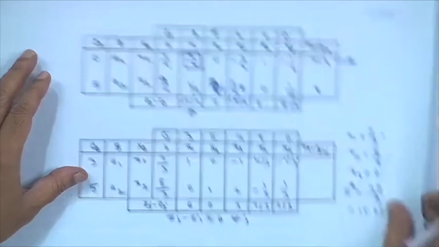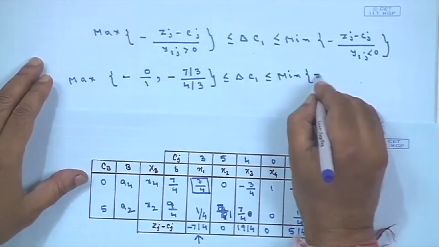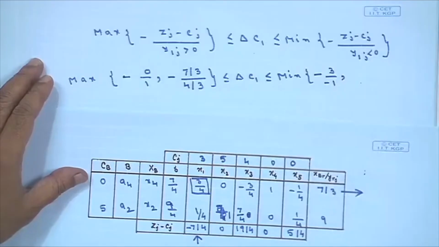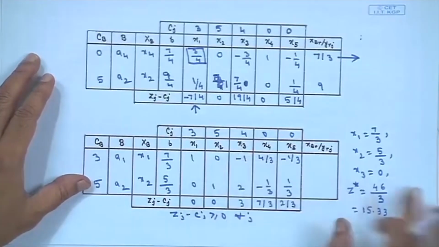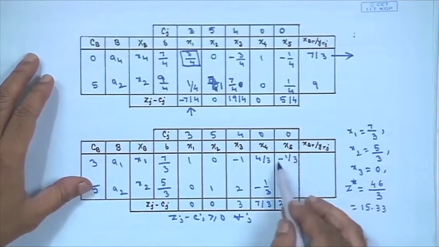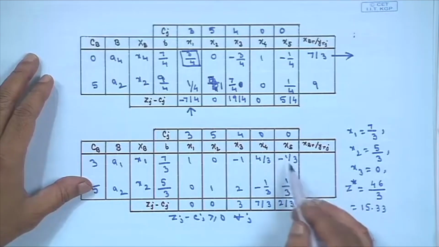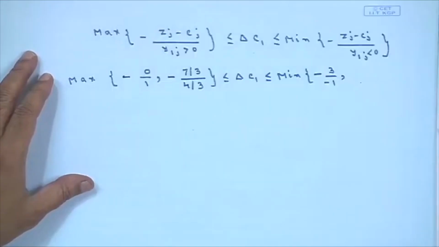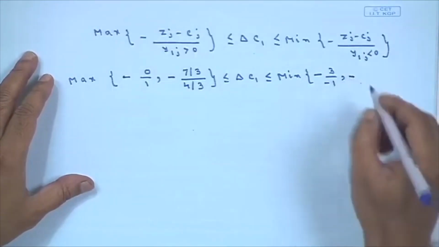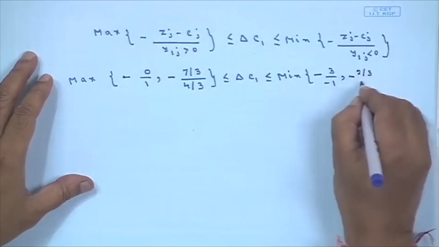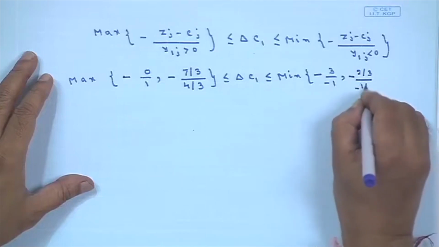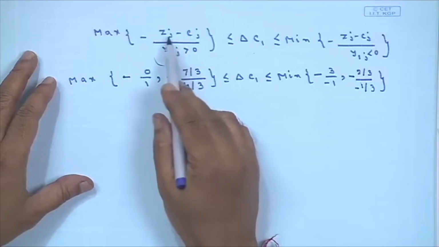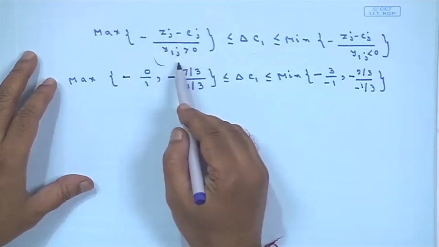So, this will be minus of 3 divided by minus 1, the other one is 0 on this. So, it will be minus of 2/3 by minus 1/3. So, this will be minus 2/3 by minus 1 by 3. Like this way I have to prepare these yij, zj minus cj values.